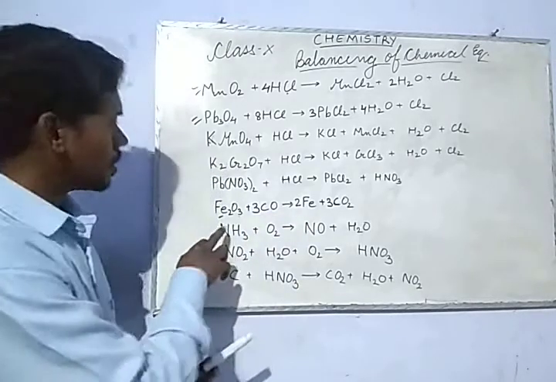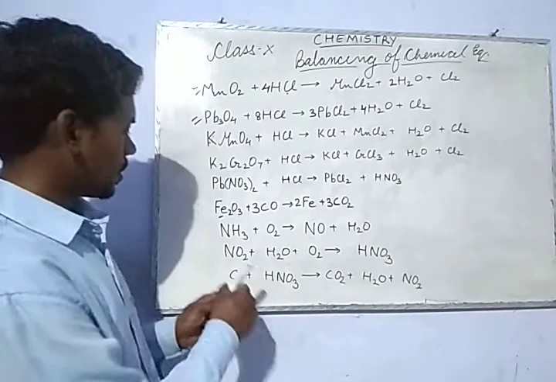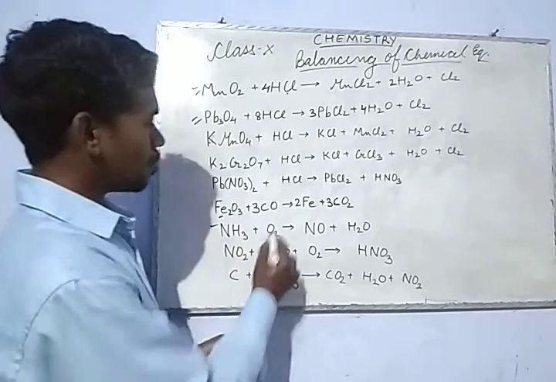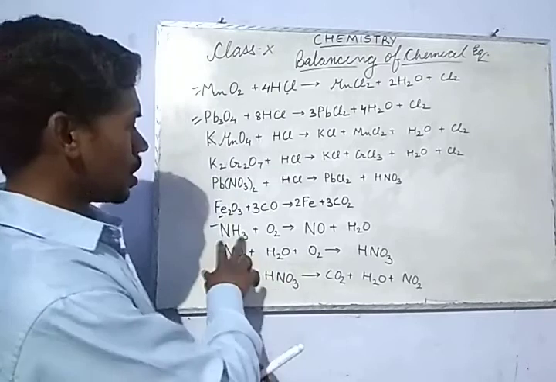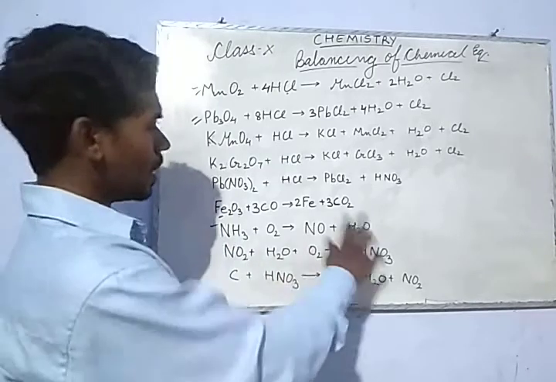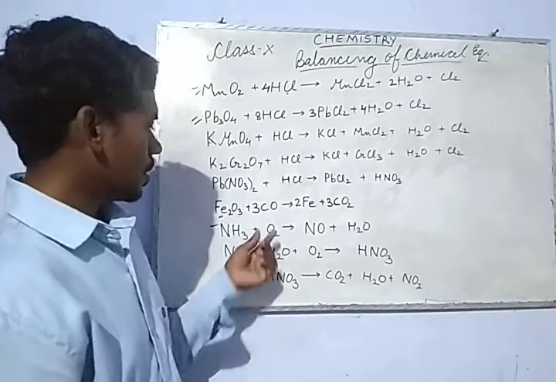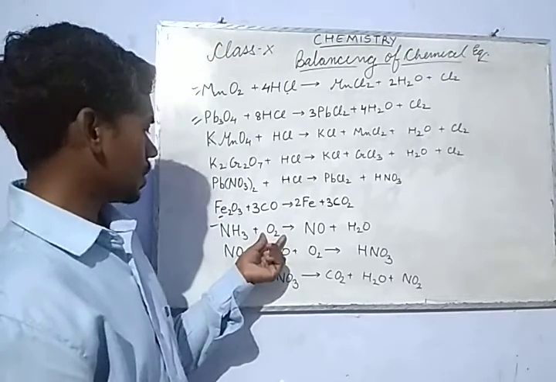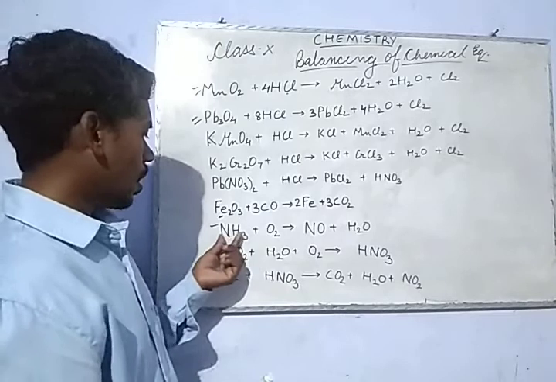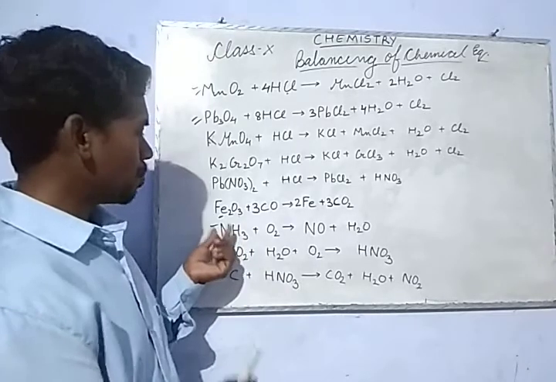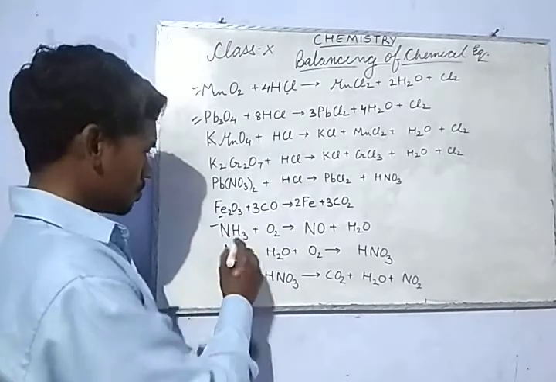Then we have this one, ammonia. Ammonia plus oxygen gives NO and H2O. Here you see, the electropositive element present here is hydrogen.